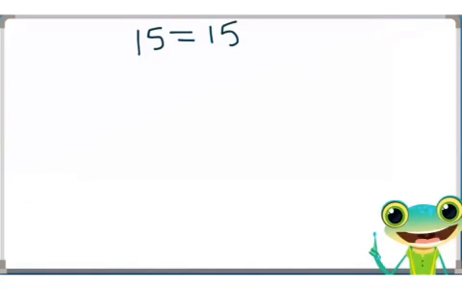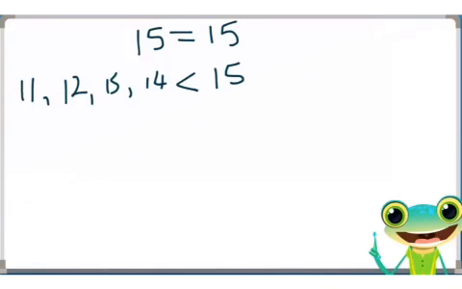Now, what if she scores less than 15? So that would be all the numbers less than 15. So that could be 14, 13, 12, 11, and so on.